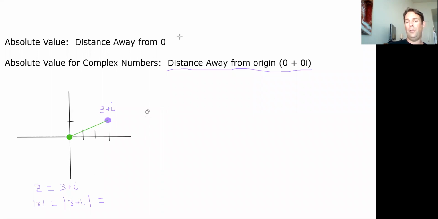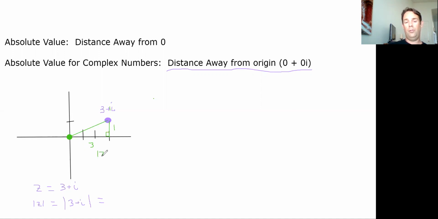What do you think this is going to be then? Or how we're going to do this? Do you see it yet? Kind of looks like it. If you notice, it kind of looks like our Pythagorean theorem, doesn't it? Turns out that's exactly what it is. Absolute value is nothing more than the Pythagorean theorem. So if I want to find the absolute value of this complex number, I'm going to take my A value and my B value, and I'm just going to do the Pythagorean theorem.